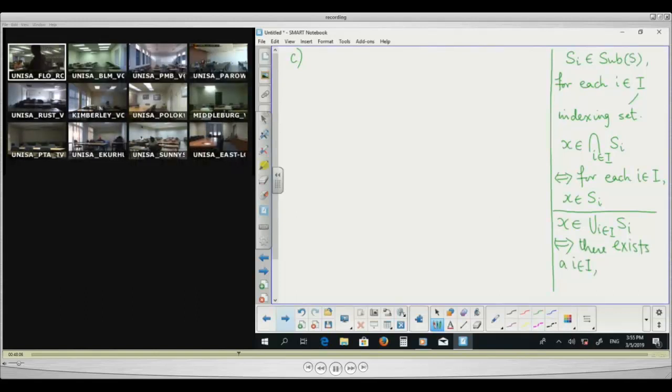So over here, since each S_i is a subspace, it follows, okay?